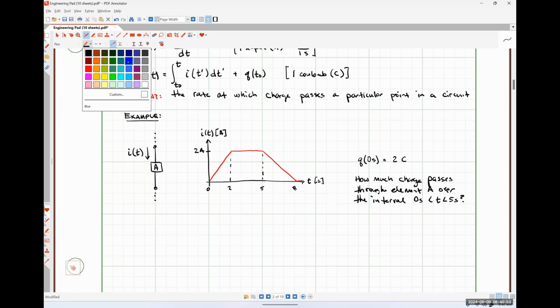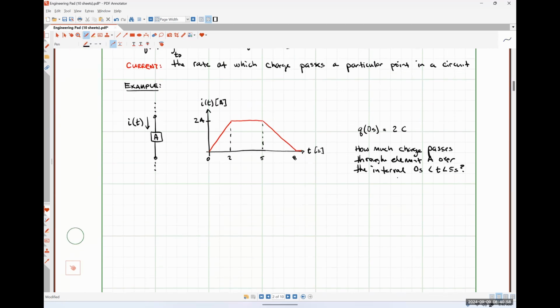So to do that, we would define this function as a piecewise function, right? So we could say that I of t looks like, let's see, so it has a slope of 1 amp per second over the interval from 0 to 2, right? So that's just going to look like t for 0 is less than t is less than 2 seconds.